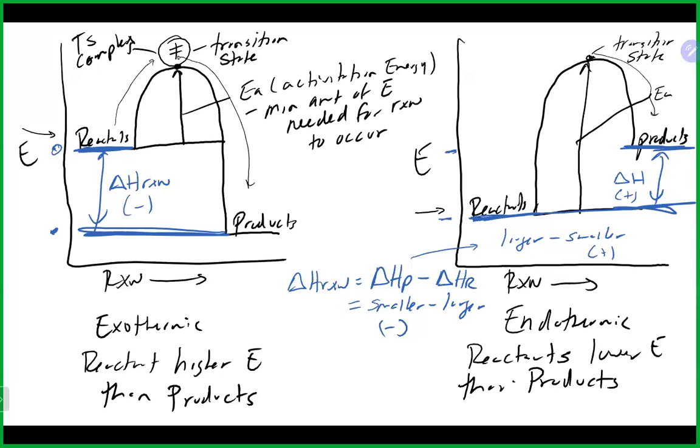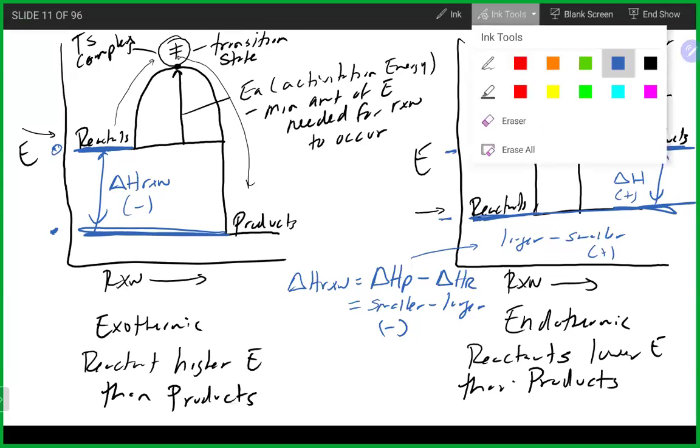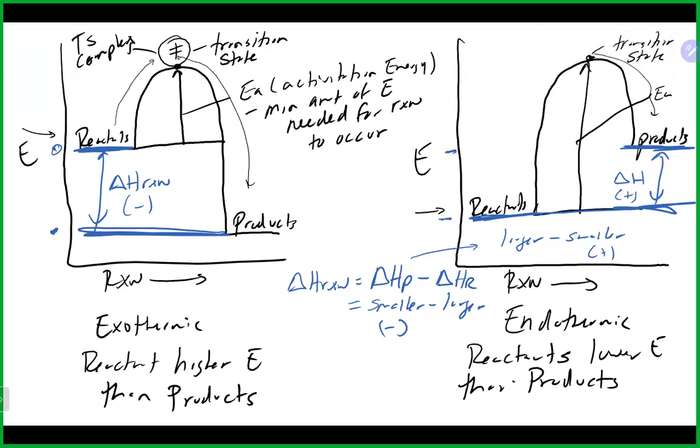Now, a reminder that you can speed up a chemical reaction. And again, very commonly, a way that you do that is you could add a catalyst, and that will speed up a reaction. Remember, though, that a catalyst is not a reactant. It's not a product. It does not get used up in the reaction.